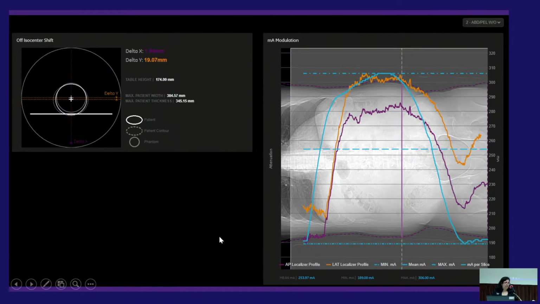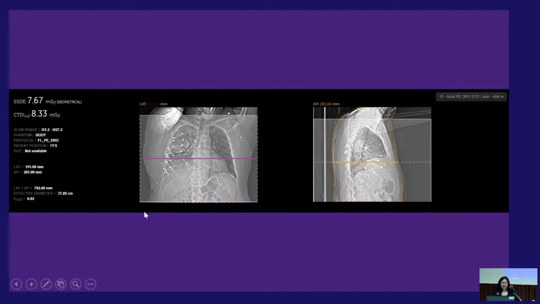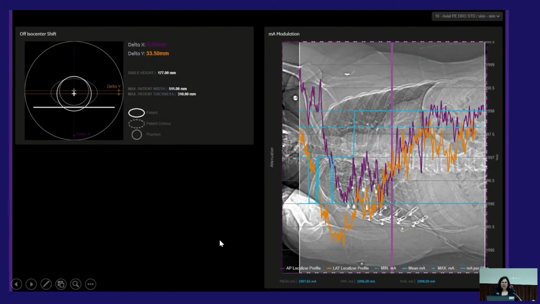It's really, really helpful to educate your technologists and students and physicists too. Very, very helpful. I don't think we need to go through more cases, but here's a much larger patient as well, probably showing you even worse. Here's 33 millimeters, even further away from the isocenter, and how that might impact your dose.